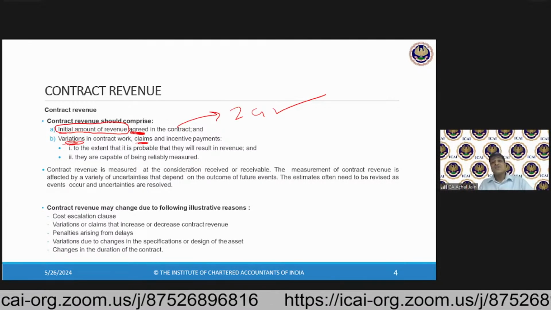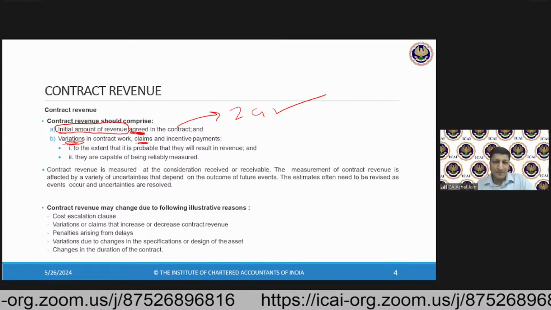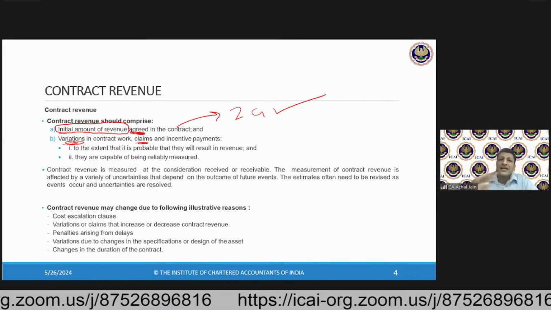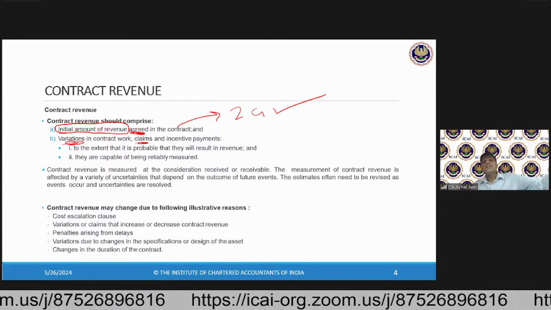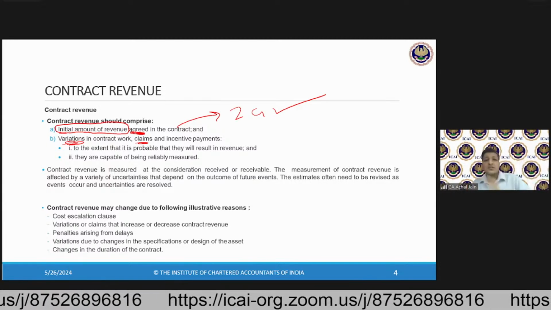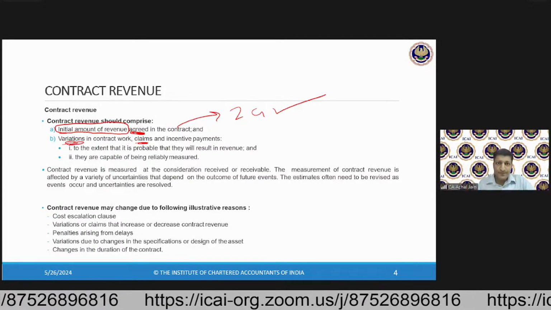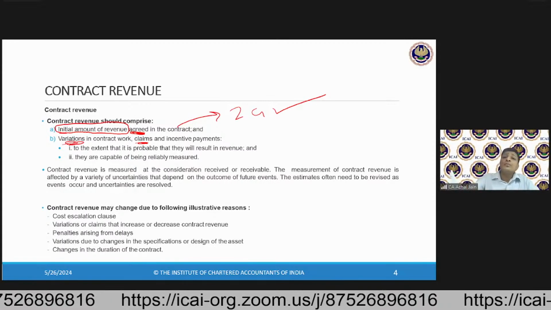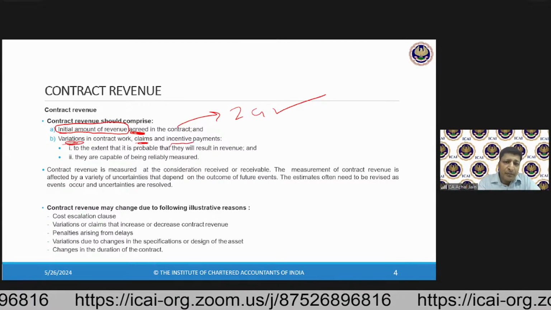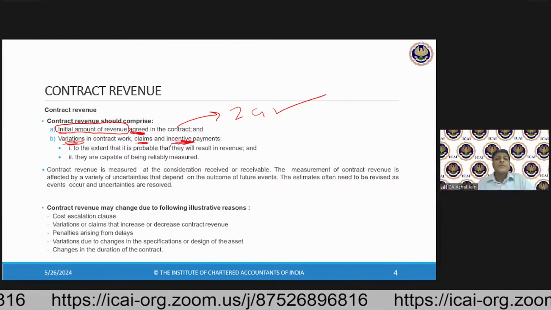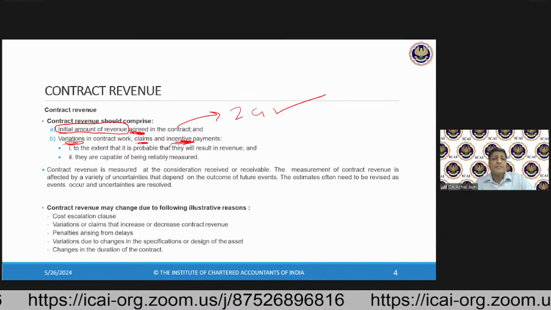And at times there would also be some incentive payments, which two parties may agree. So the customer may say that if you complete this contract within 2 years, as against 3 years, then I'll pay you 10% extra amount. What do you call it as? Incentive payment. Those are called incentive payments.